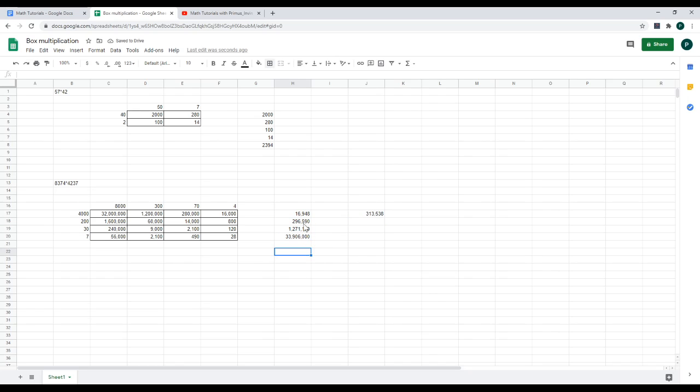Then we're going to take the next two numbers, and if we add them together, then we get 35,177,100.